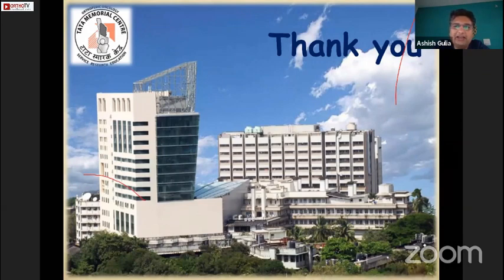We also looked at a few different varieties of these lesions and the guidelines available. So that's it from my side.